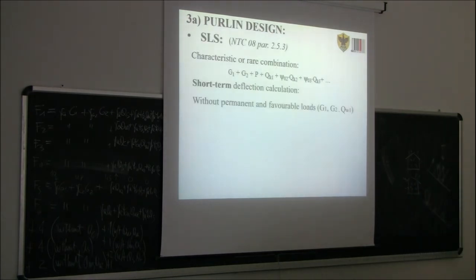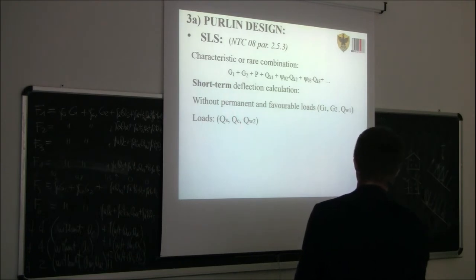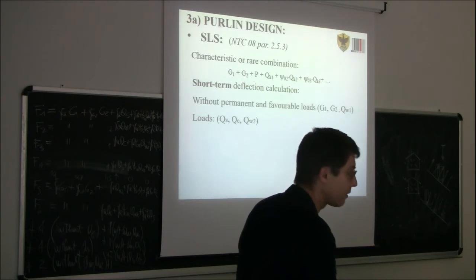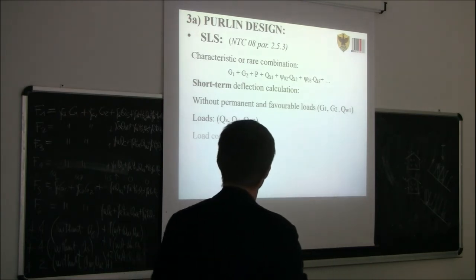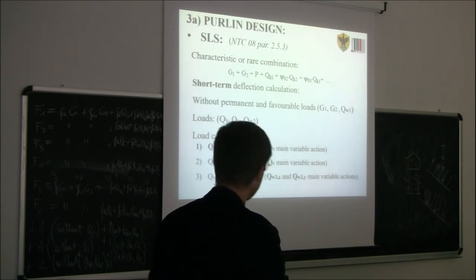So for the short-term deflection calculation, we need to consider only the variable part of the characteristic load combination, without the variable loads which are favorable, in order to do the verification. So we need to consider QS, QC, and QW2, because QW1 is favorable. 3 load combinations, as we said before.